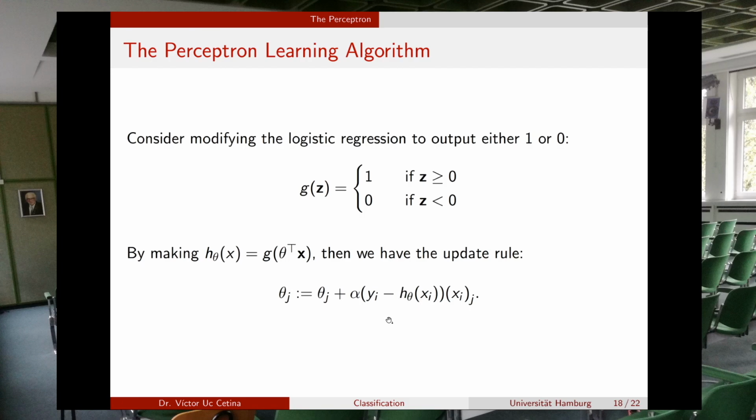That's the only difference. But this is an important learning rule in terms of history, because this was one of the first learning rules proposed like 60 years ago when people started working on neural networks.